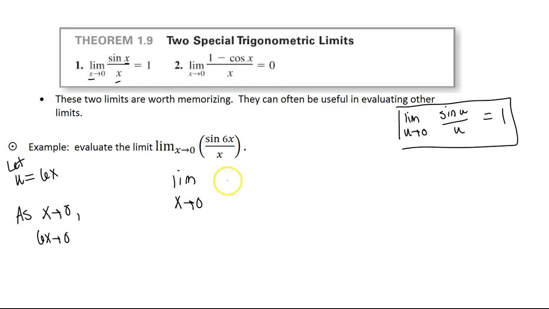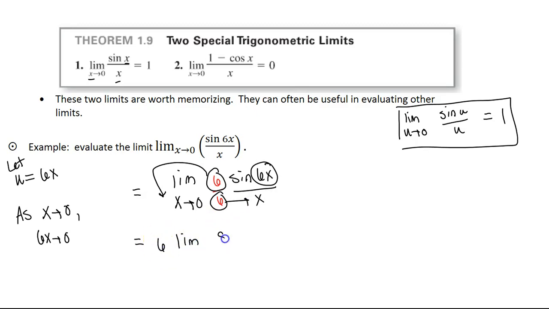And we can do the following. So I've got sine of 6x divided by x. I would like to have a u here. I would like to also have a u in this portion right here. So I need a 6 on the bottom. I'm going to multiply by 6 over 6. Again, this is just like multiplying by a 1. And I'm going to take this 6 and bring it out front, because I know I can move a constant out front of the limit. And I'm going to take this 6 and move it here.